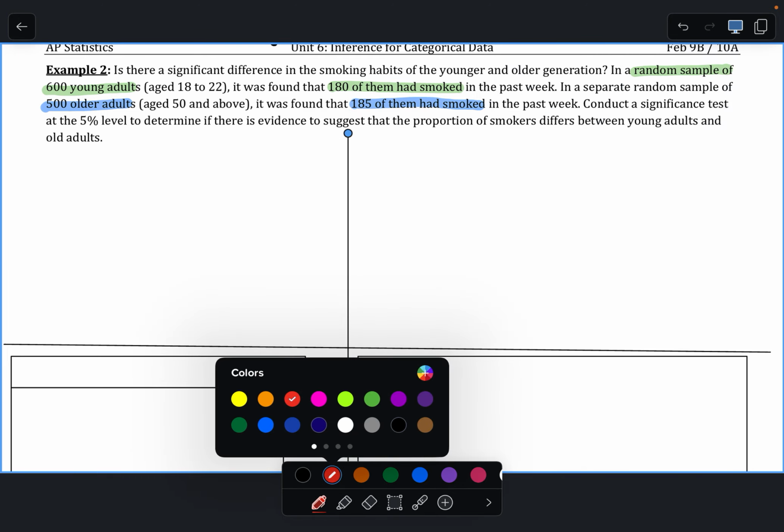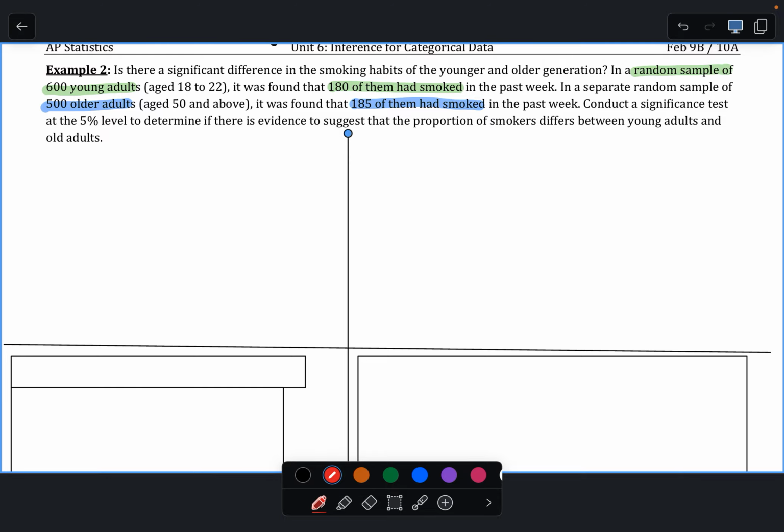For my proportion, P1, I'm going to say is the proportion of young adults who smoke. And for P2, the proportion of older adults who smoke.